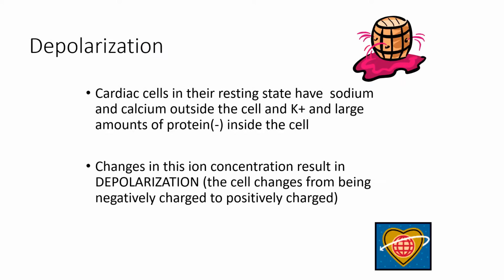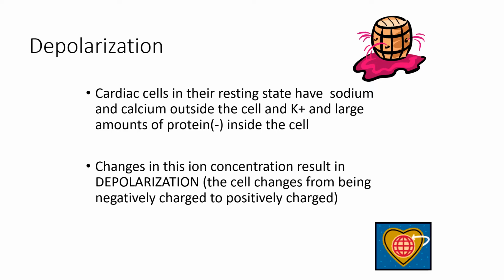When we talk about depolarization, this is the process where the cardiac cell in its resting state is normally negatively charged, and during the process of depolarization will change the inside of the cell from negatively charged to positively charged. On the inside of the cell, the primary ion is potassium.